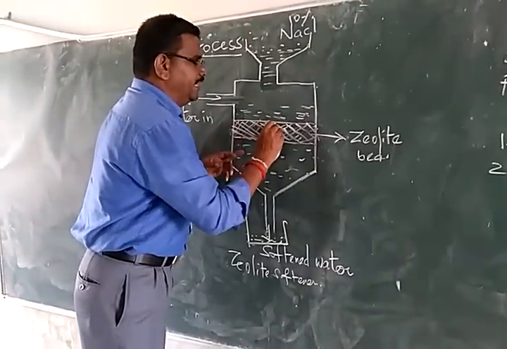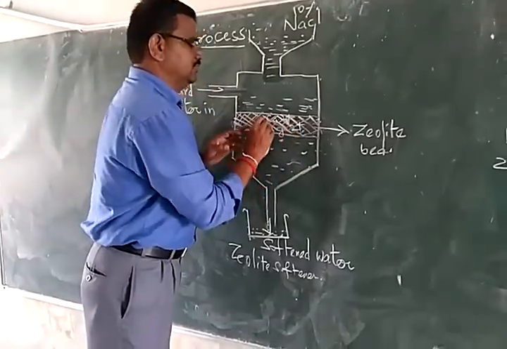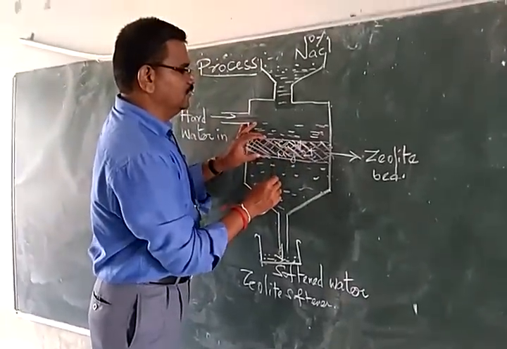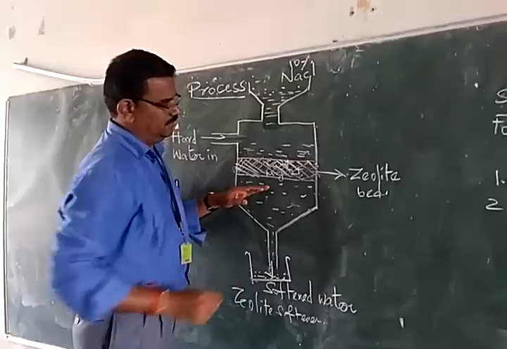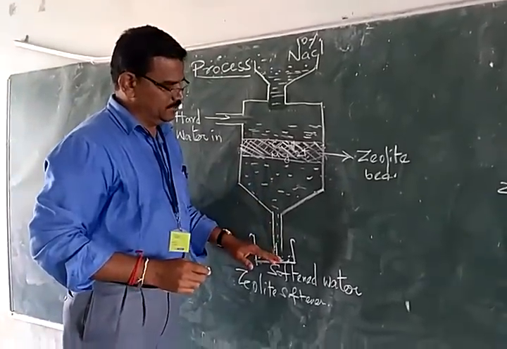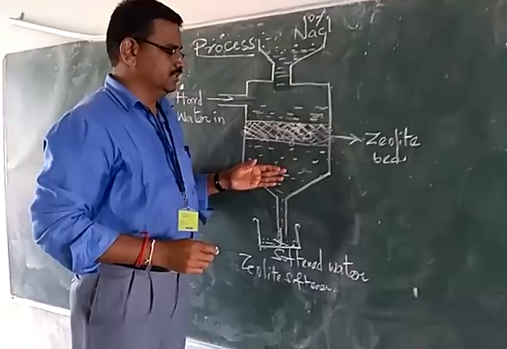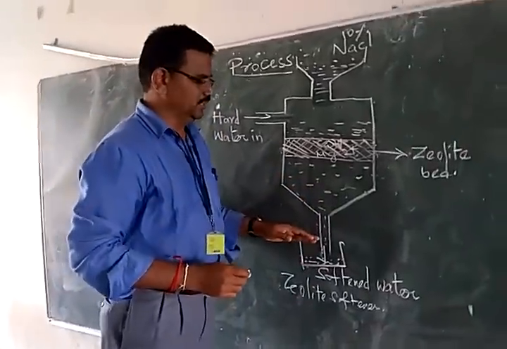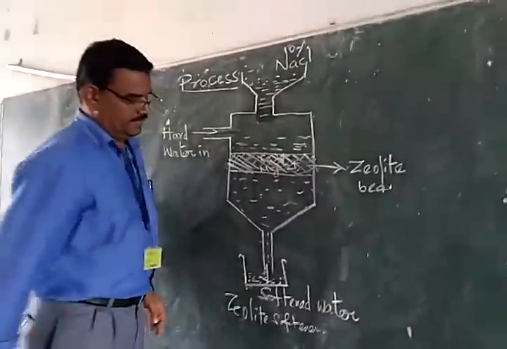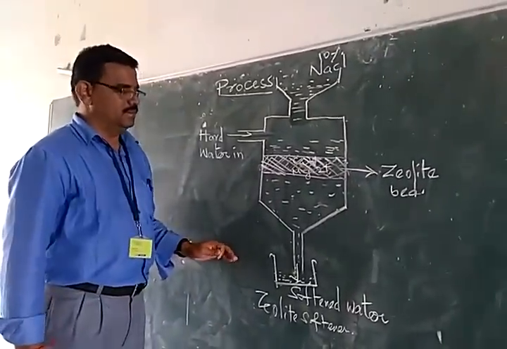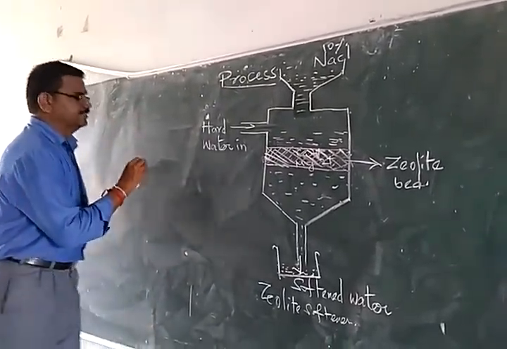The calcium ions and magnesium ions in hard water are absorbed here, and only sodium ion salts come down. Sodium ions are not hardness in nature, so the water is softened. The water is collected at the bottom of the tank, which is soft water.